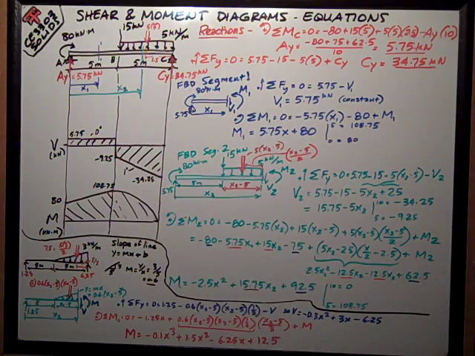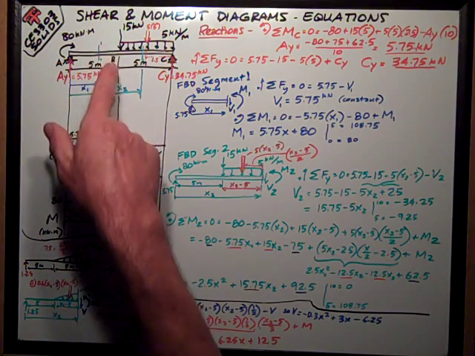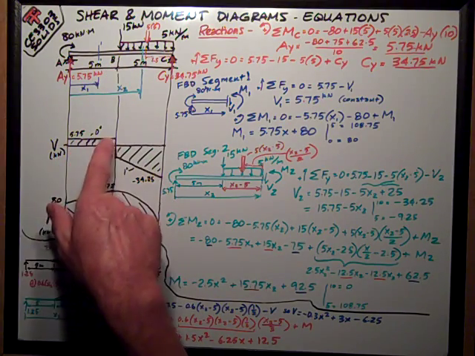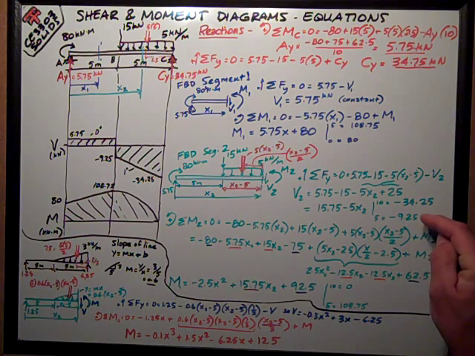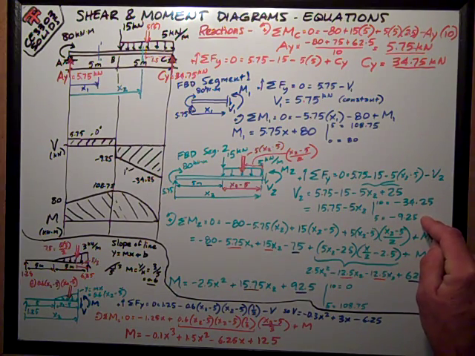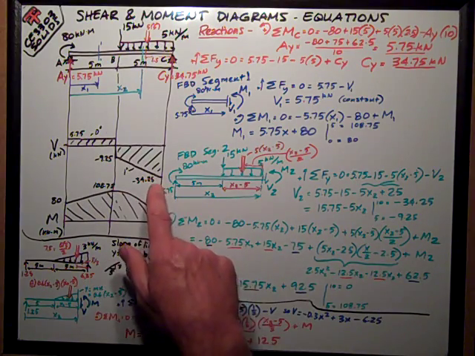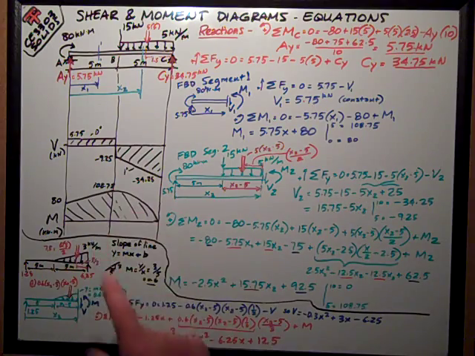Then, thinking about my graphical method of solution, my 15 kilonewton force down causes it to jump down 15 kilonewtons from 5.75 to negative 9.25, which is consistent with my shear from segment 2 at x equals 5, negative 9.25. Then it starts sloping down all the way to negative 34.25. So there's my shear diagram.